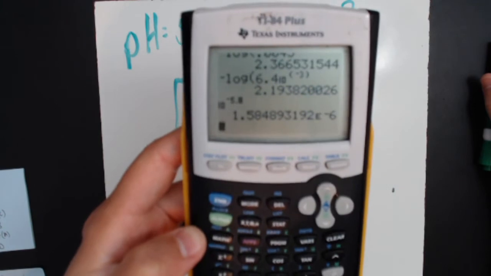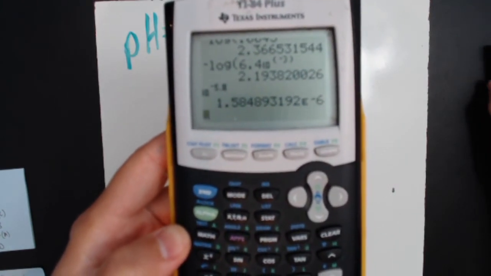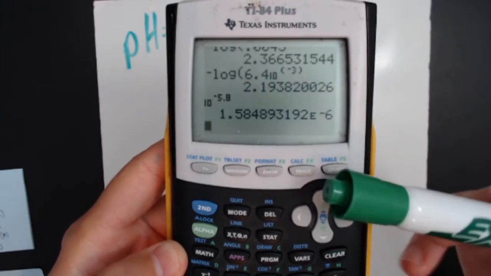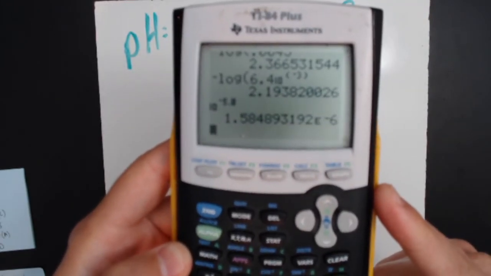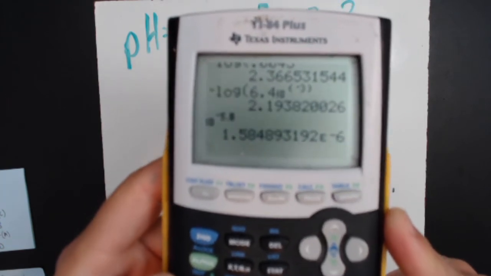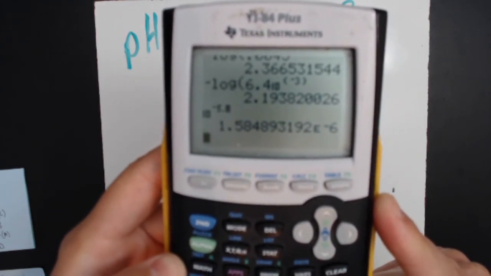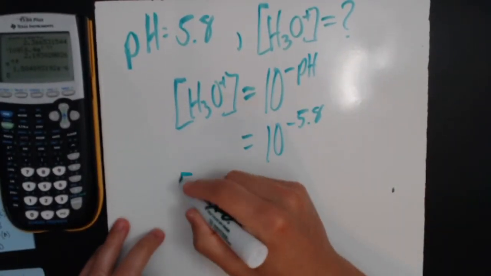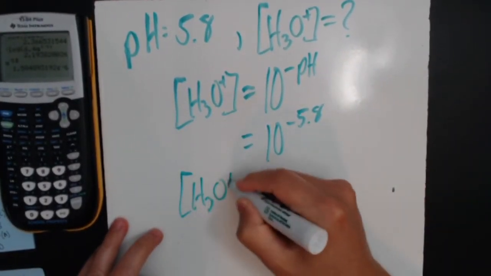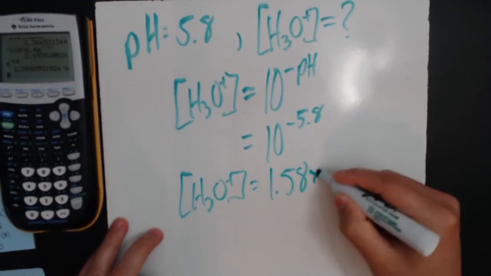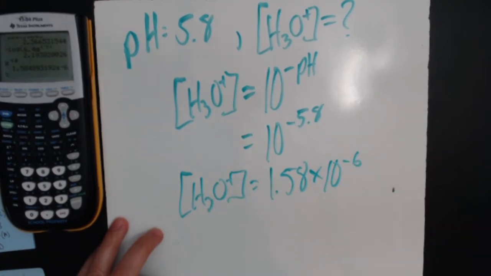And the calculator tells us this number. Hopefully by now we all understand what this is telling us. That E is just the calculator's way of expressing scientific notation. So what this really is saying is 1.58 times 10 to the negative 6. So our H plus concentration, our hydronium ion concentration, is 1.58 times 10 to the negative 6.